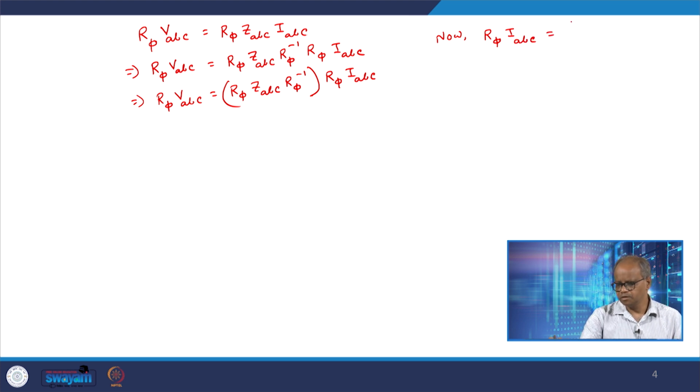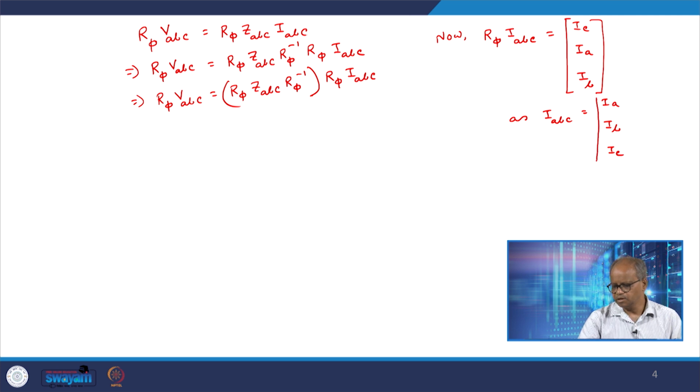R phi into I_ABC would be I_C, I_A, I_B, right? This I have already seen, because I_ABC is equal to I_A, I_B and I_C.